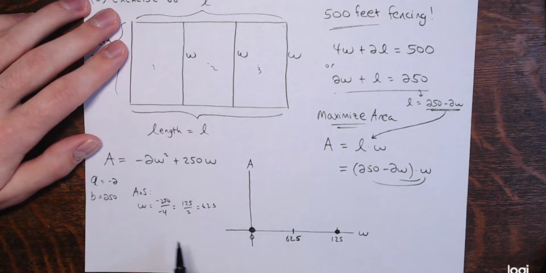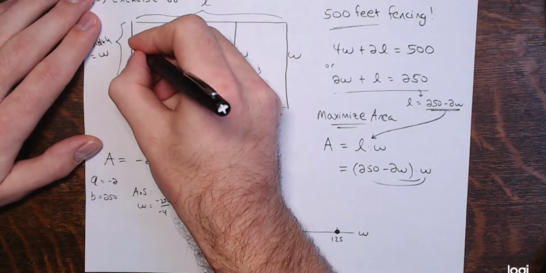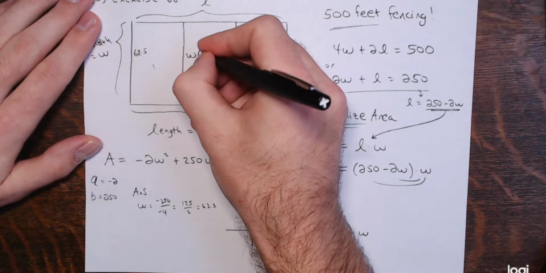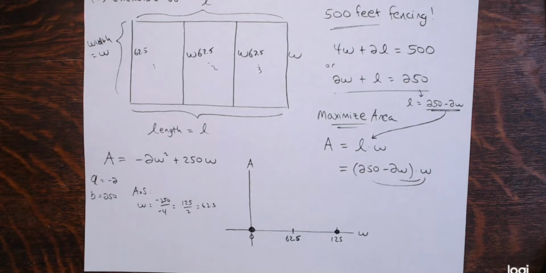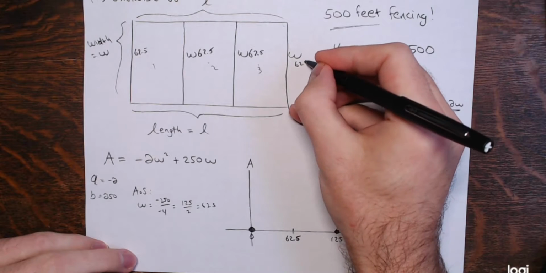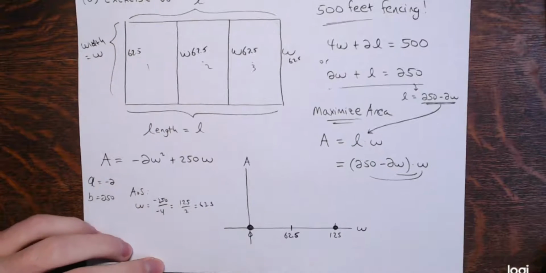So a width of 62.5 feet. So this is 62.5 feet, this is 62.5 feet, this is 62.5 feet. That width is going to get me maximum area. All four of these segments are 62.5.